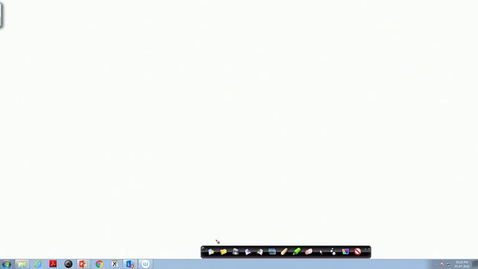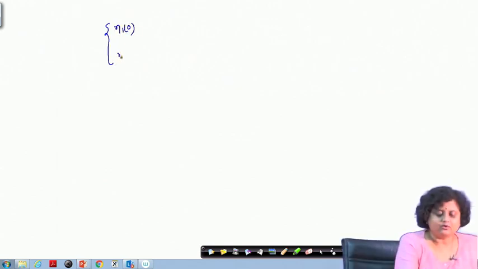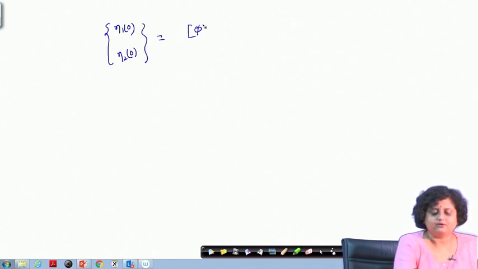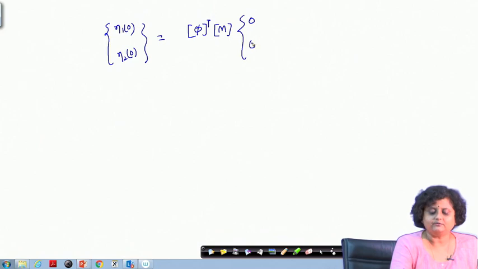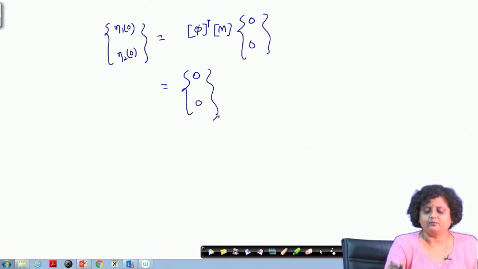So, let us do that for this particular problem. Eta1(0) and eta2(0) are phi transpose into m into u1(0) and u2(0), which are zeros. So, eta1(0) and eta2(0) are of course going to be 0.